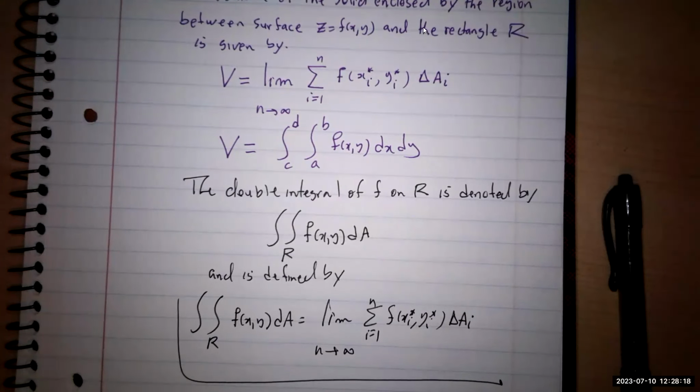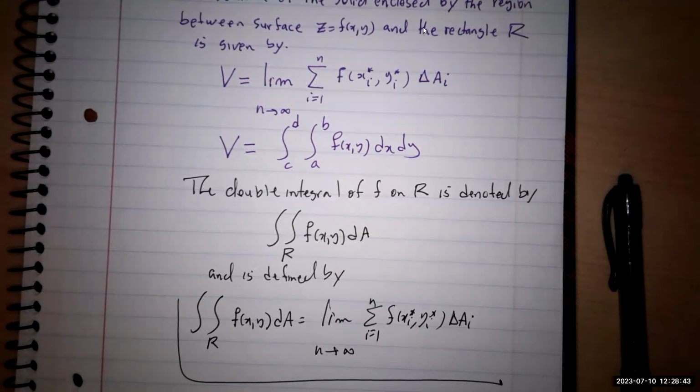In the case of the function of one variable, remember the way you did it, we just connected to the indefinite integral and the fundamental theorem of calculus. So what we're going to do over here is connect this one to the iterated integral. Remember the iterated one, integrating with respect to x or y first, and then we continue.